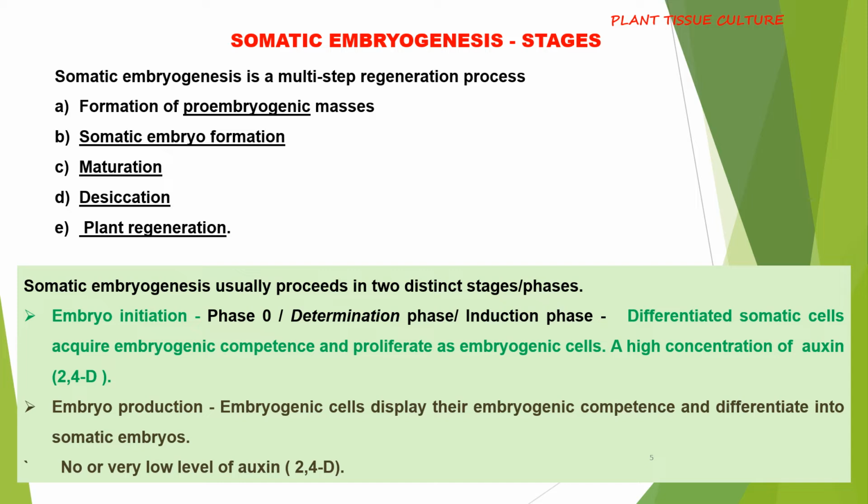These require high concentrations of auxins as stimuli. The second, embryo production, is where these embryonic cells are capable of differentiating into somatic embryos. At this stage, very low levels of auxin or no auxin is required.